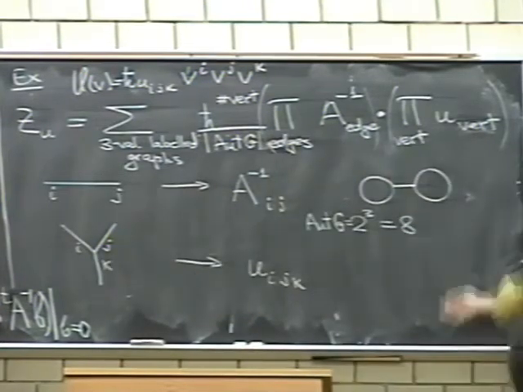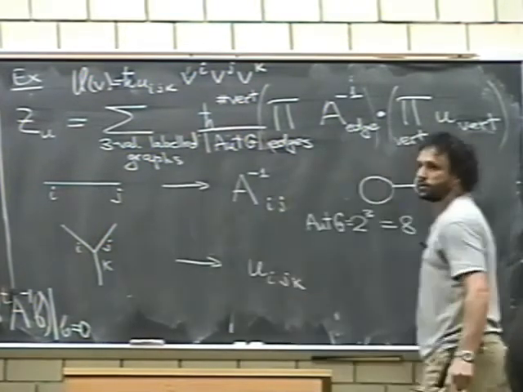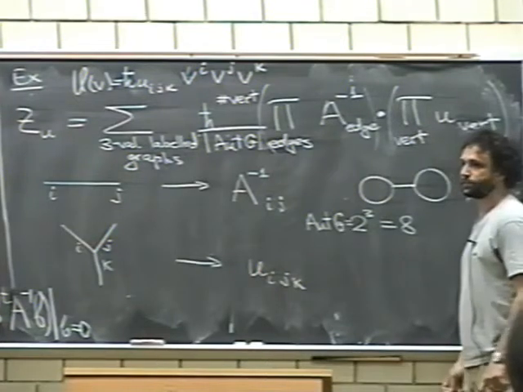You take them all over the whole graph, and then you sum over all labelings also.